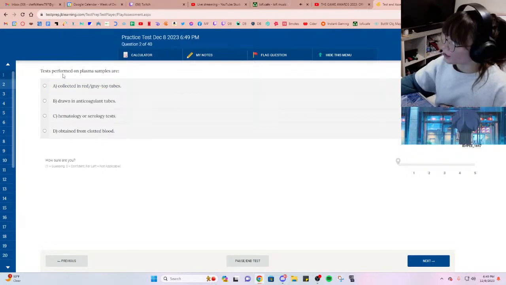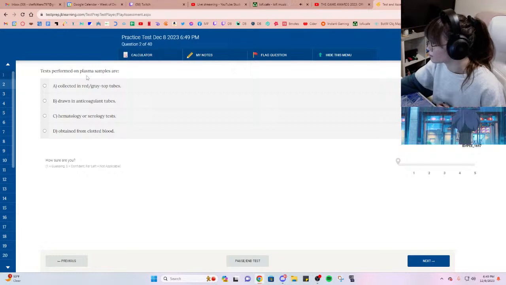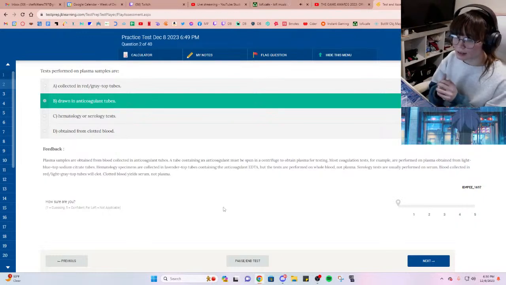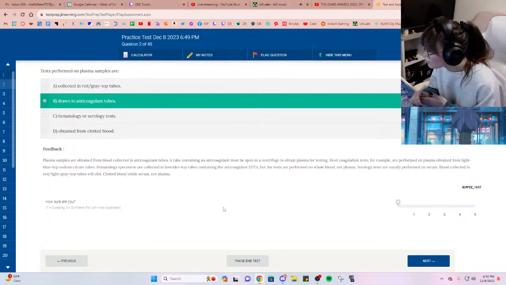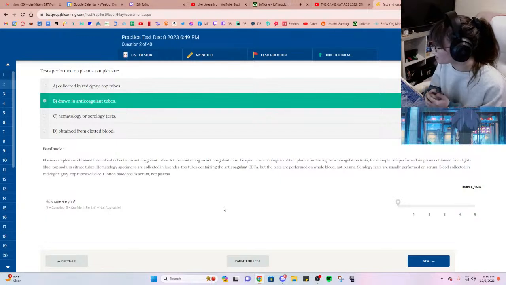Tests performed on plasma samples are collected in anticoagulant tubes. Yes, because plasma has... A tube containing anticoagulant must be spun in a centrifuge to obtain plasma for testing.